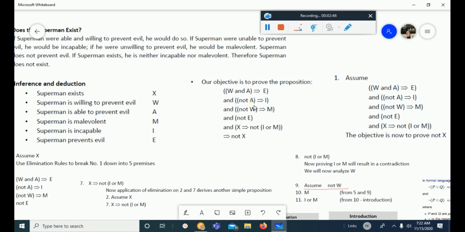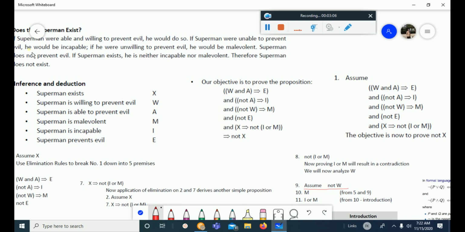And not A: if Superman is not able to prevent evil, he would be incapable. Here you can see he would be incapable.